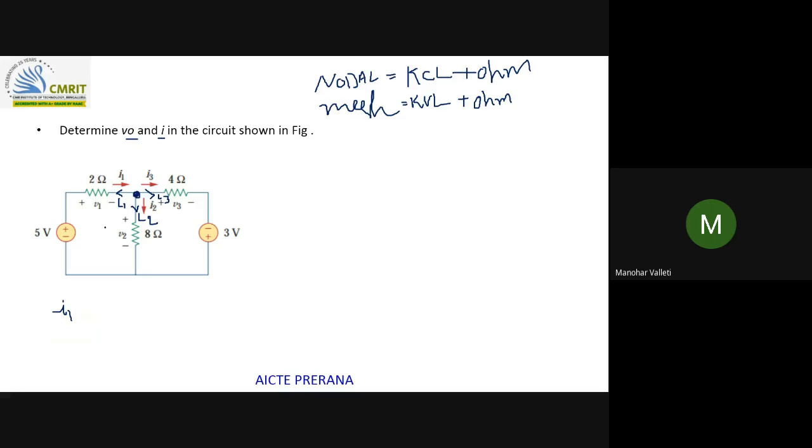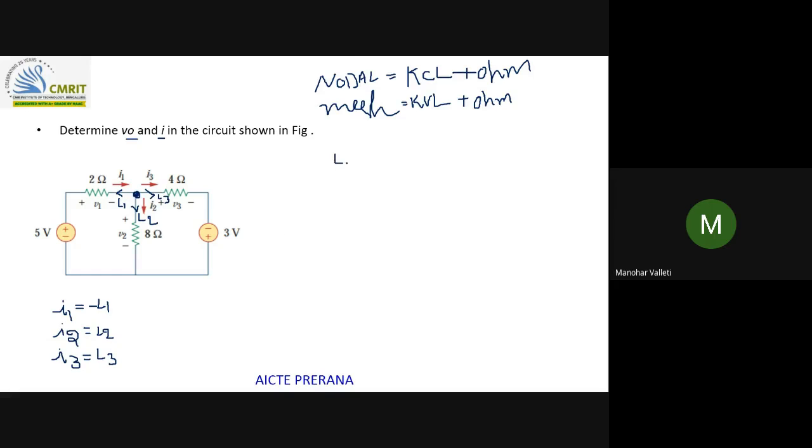Fine. What is the relationship between L1 and I1? I1 equal to minus L1. I2 equal to L2. I3 equal to L3.